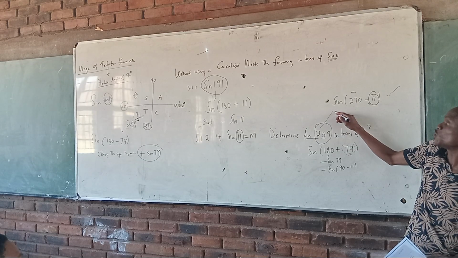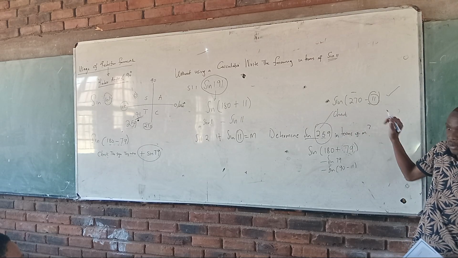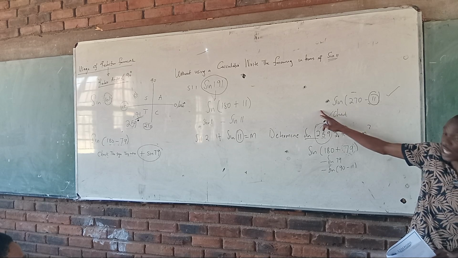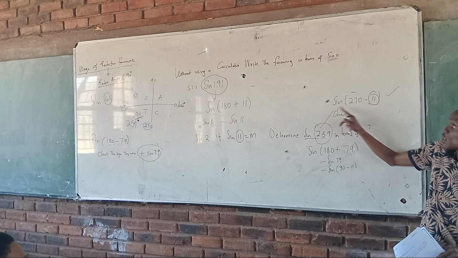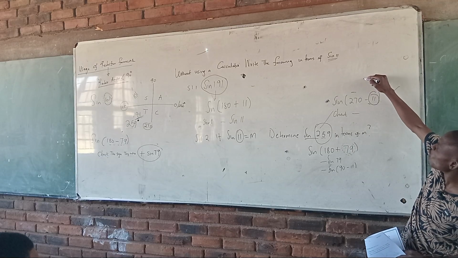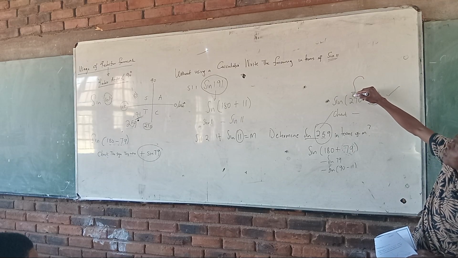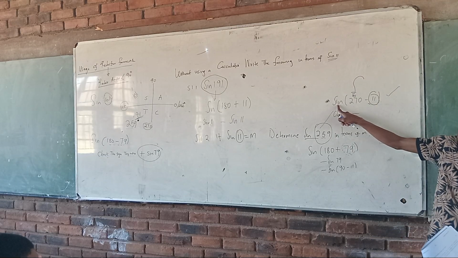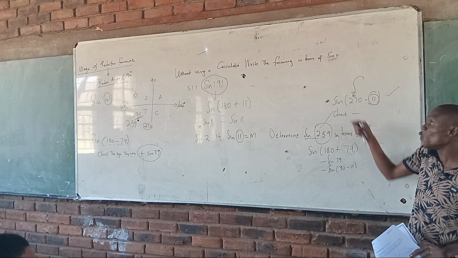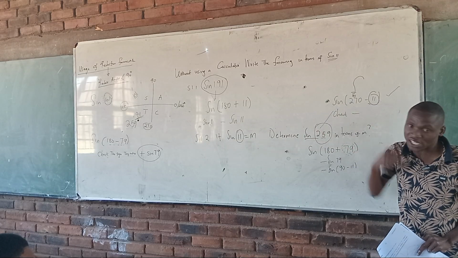Now, you check the sign. What is the sign of our trig ratio? Negative. Now because of 270, the trig ratio will change to its co-function.